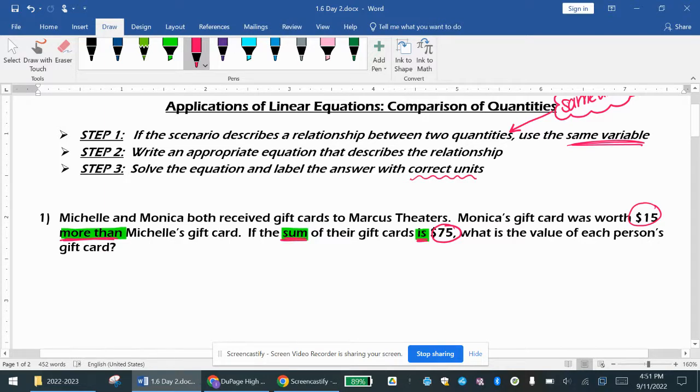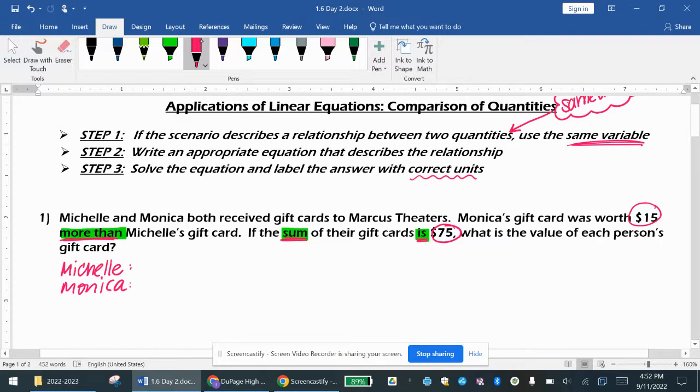The question is, what is the value of each person's gift card? We don't know right now. What I like to start off with is to label everything. So Michelle and Monica. Because they're comparing their gift cards in terms of money, they both have the same units.